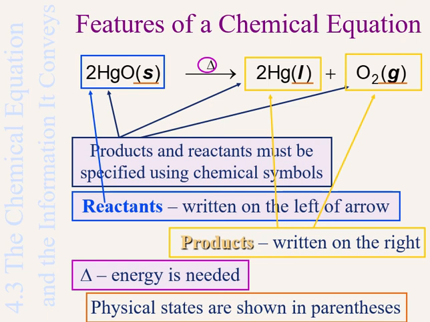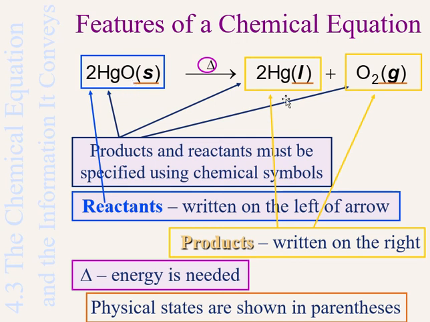Well, if you look over here, you see that there is a 2 next to mercury. Where does that 2 come from? Why do we need that 2? If you look over here, you see a 2 here, and because that 2 is there, that tells me that there are 2 mercury atoms in the original formula of the compound.